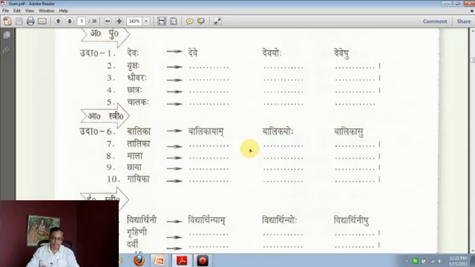Mala. Malayam. Malayoho. Malasu. Chaya. Chayayam. Two yas here. Chaya, one ya is there. Another ya should be added here. Chayayam. In the shadow, in the shade of a.